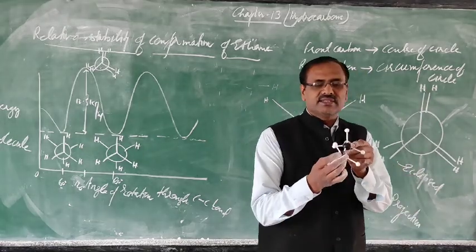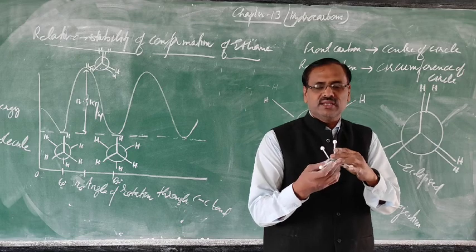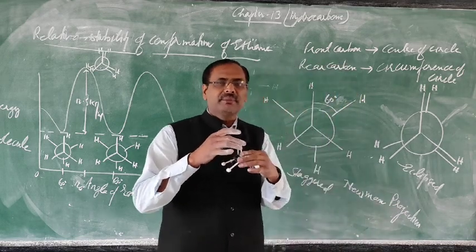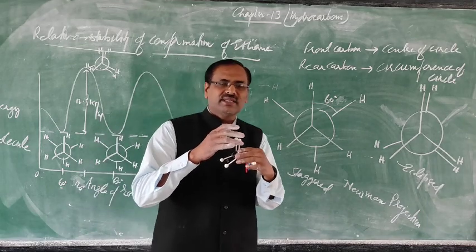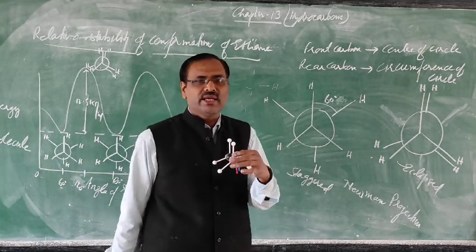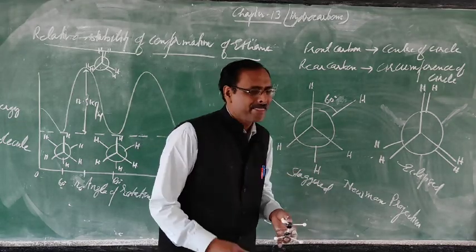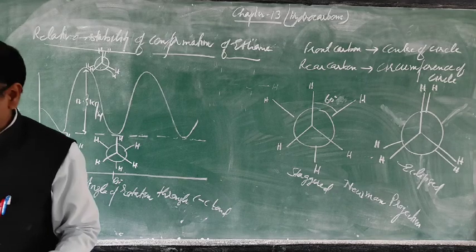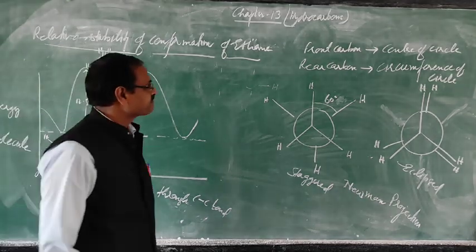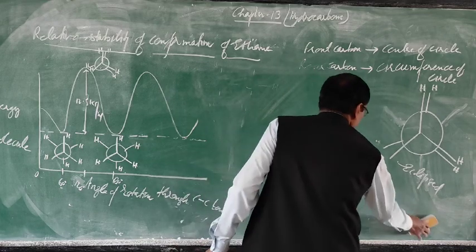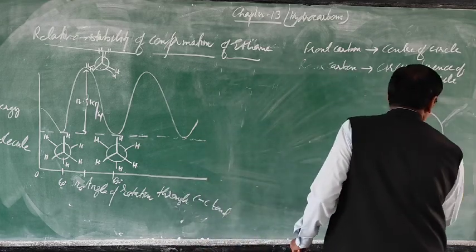The hydrogen atoms of the adjacent carbon atoms are at minimum distance, so repulsive interaction is maximum here. So it has more energy and is less stable. Between staggered and eclipsed conformation, the staggered form is more stable.